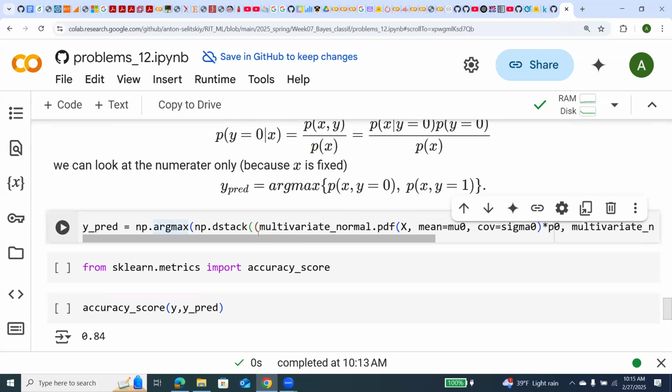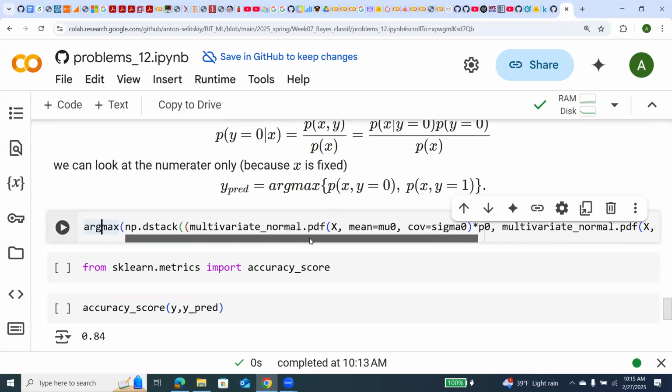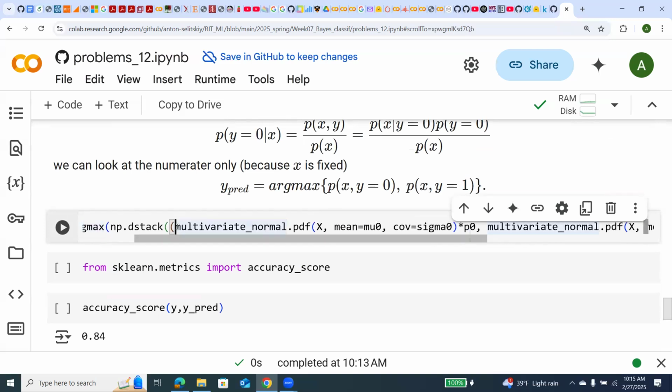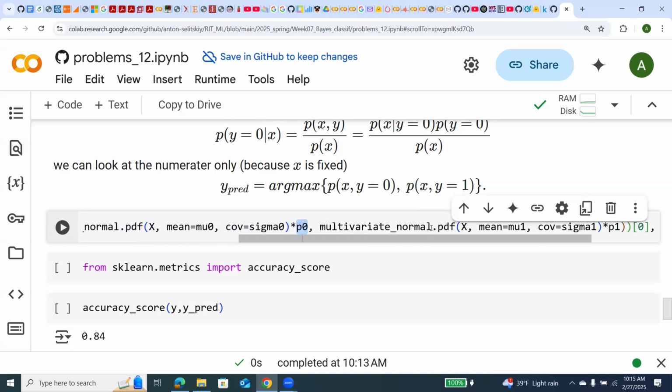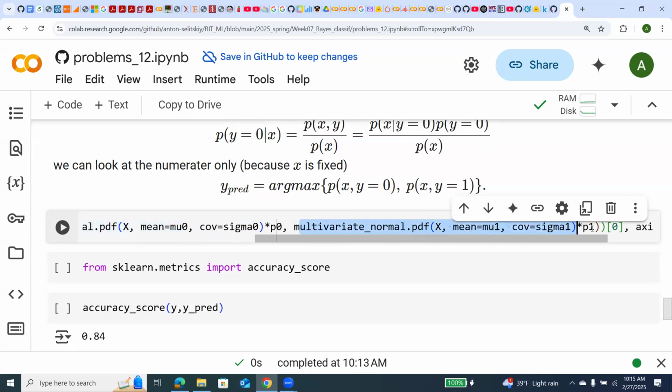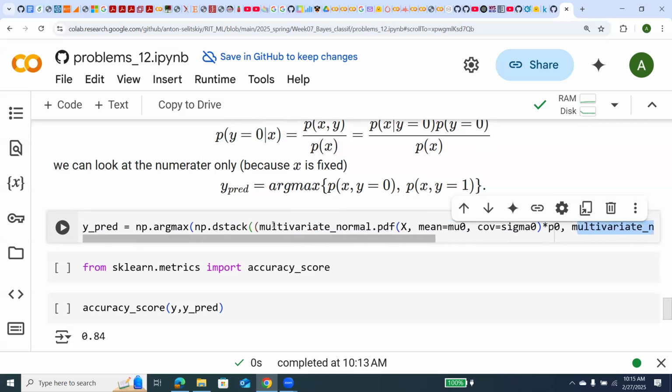So we calculate the probability of x with mean and covariance for class 0 and multiply by the probability of class 0. And we do the same: we calculate the probability of x given class 1 and multiply by the probability of class 1 and take our max.